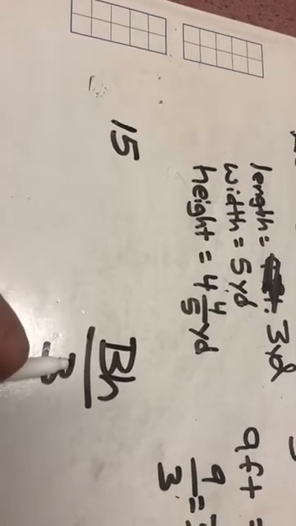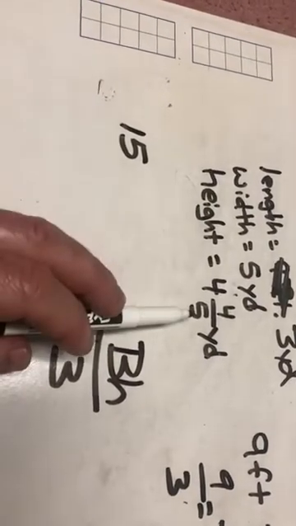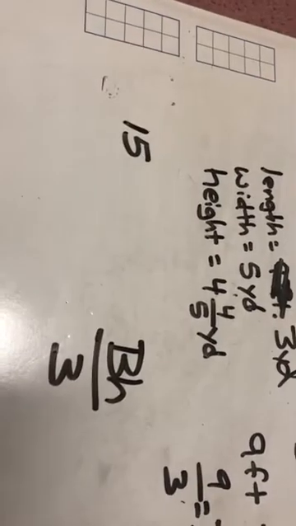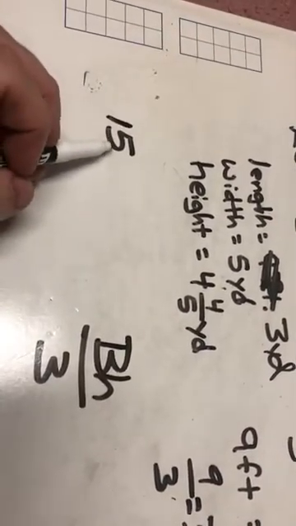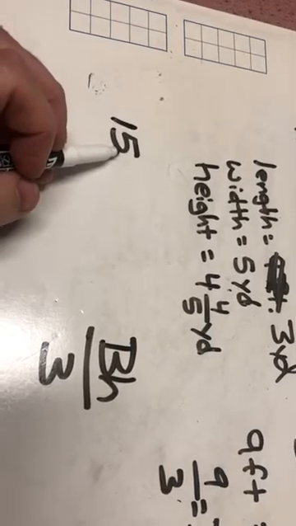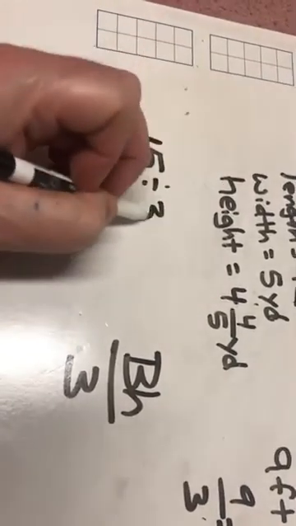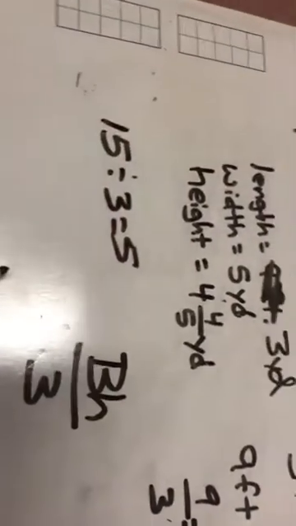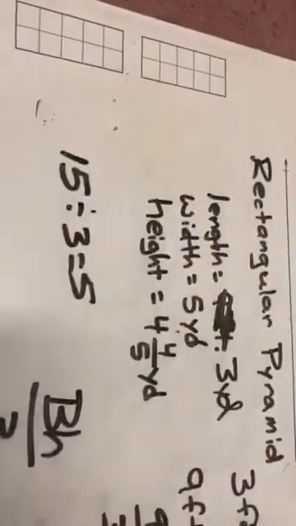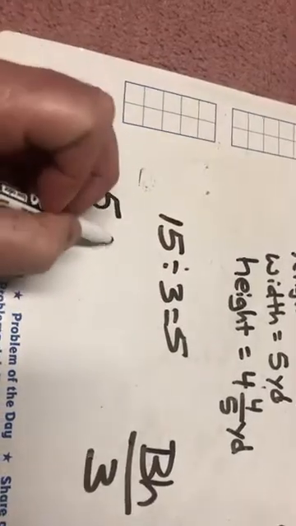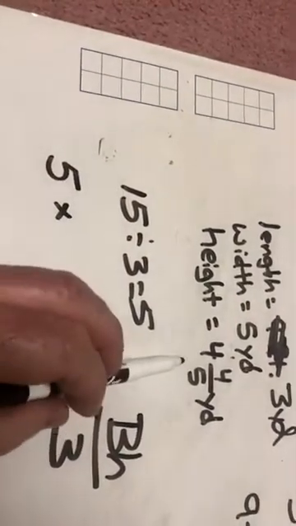I'm going to try to use a smaller number in my multiplication and then not have to go back and do a confusing division problem. So I'm just going to divide this number by 3. And 15 divided by 3 equals 5.